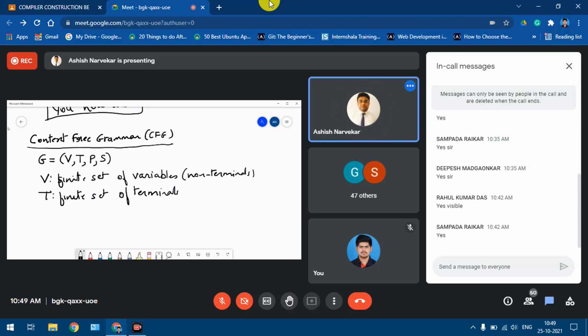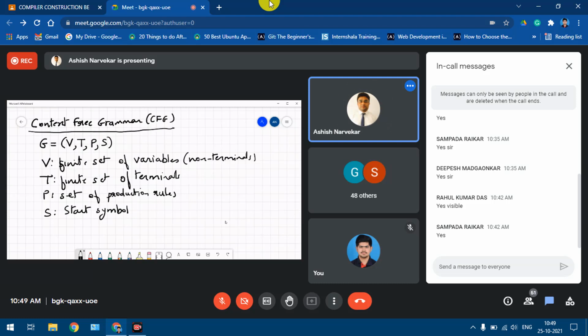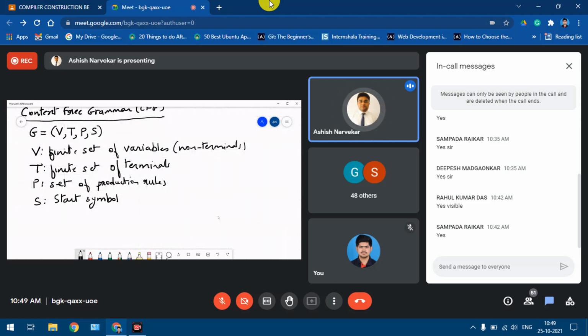P is the set of production rules. These are the production rules which form the grammar, based on which the parser is supposed to determine whether whatever is given to it is correct or not. And S is the start symbol. This S is always a part of V, the set of variables.